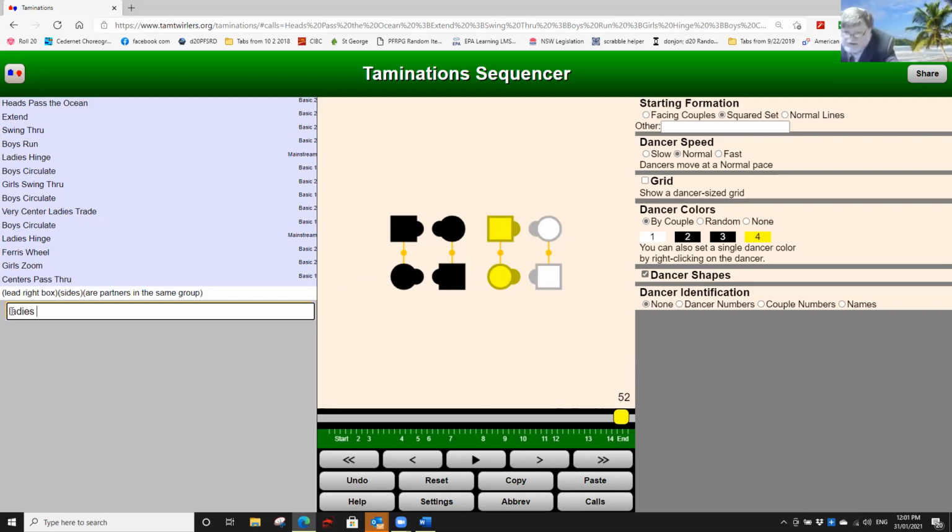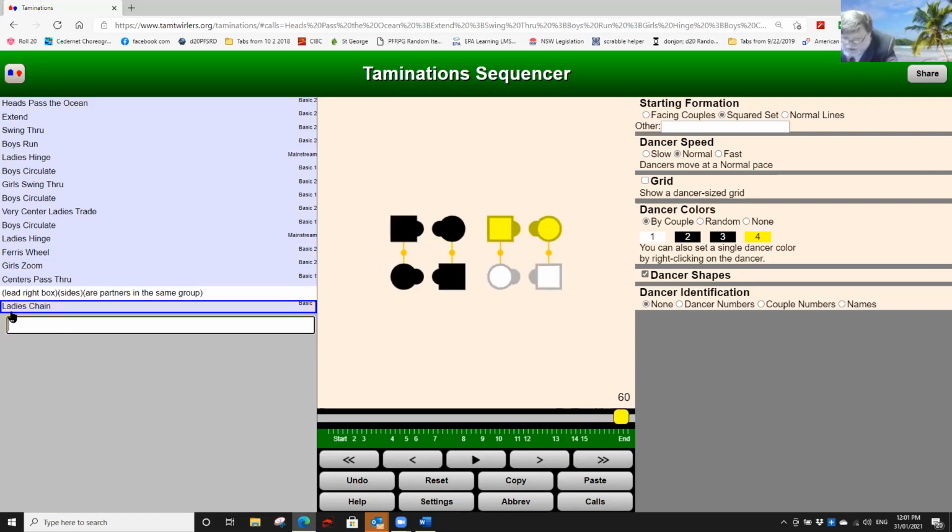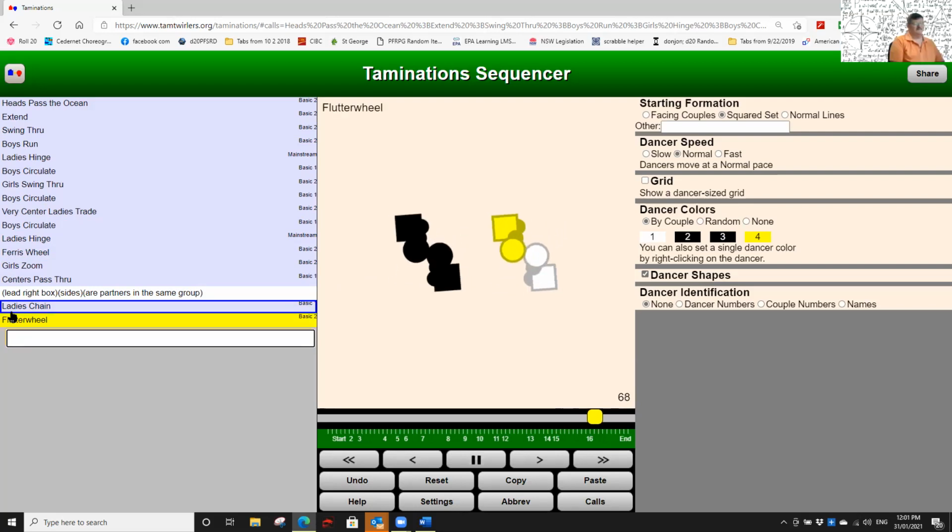If you did a Lady's Chain, it's still a partner box. Now it's in sequence. That's the only difference. But they're facing each other's partner. Is it yellow? Oh, yellow's number 4. Excuse me. I blew that one.